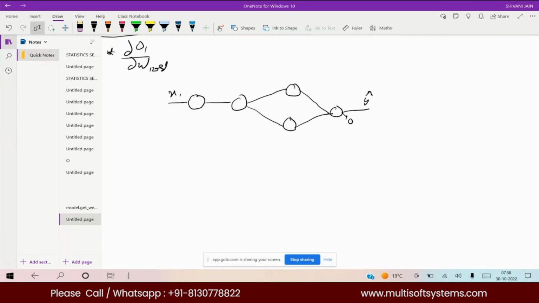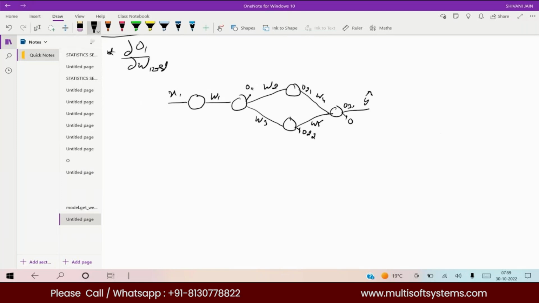This is my w1. The output coming from here is o11. This is my w2, this is my w3. The output coming from here is o21. After this w4, this is my w5. Output coming from here is o22, and this is my o31.